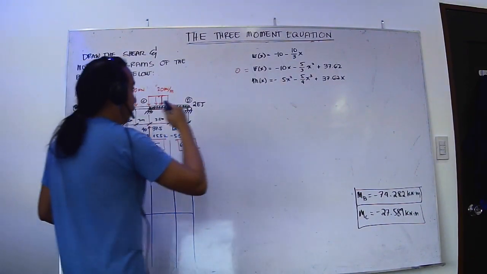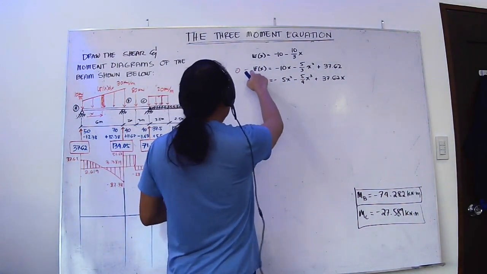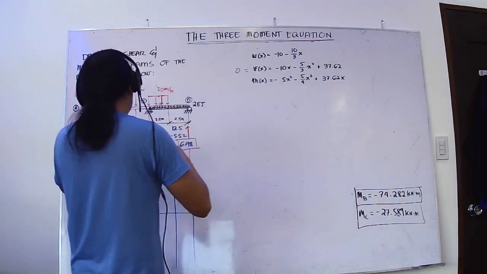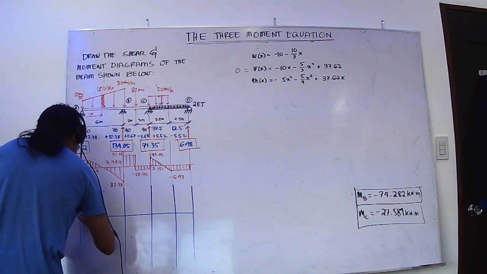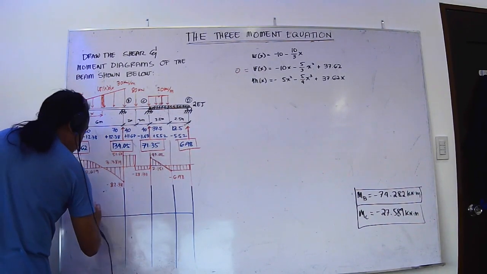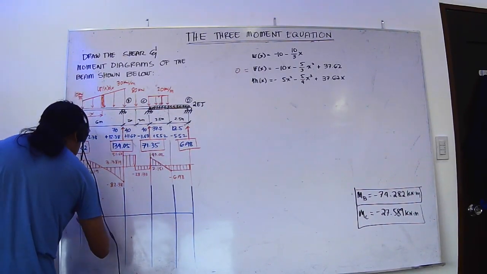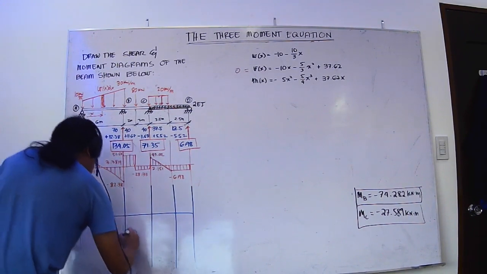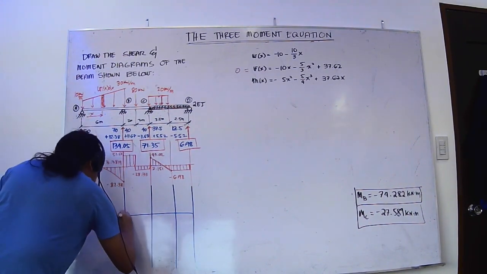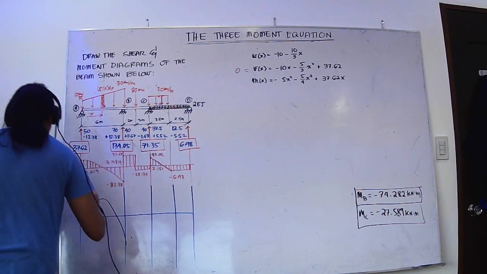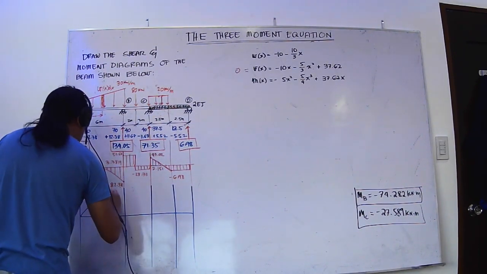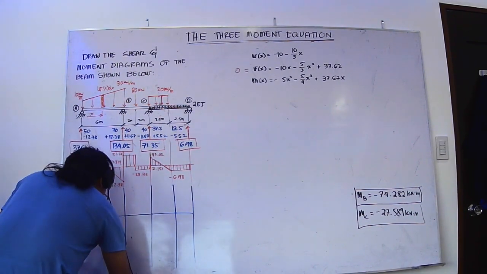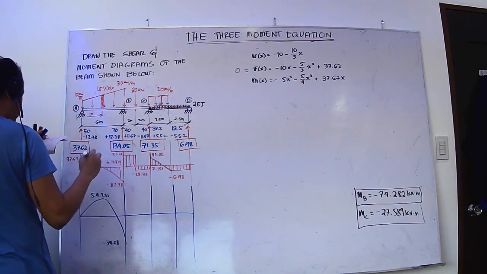Here, there's no need to compute again. Just substitute the values to get your moment, which is equal to 54.251. This is negative 74.28.